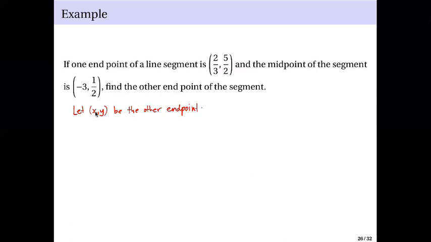And the midpoint can be calculated by using our formula. So then you have your x plus 2/3 divided by 2, comma, y plus 5/2 divided by 2. This must be equal to (-3, 1/2). So same solution as before.